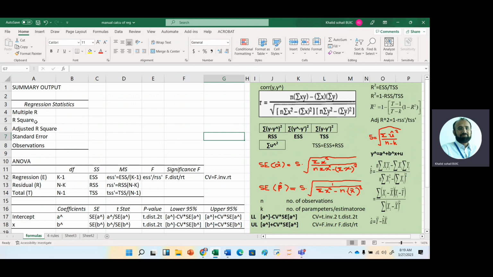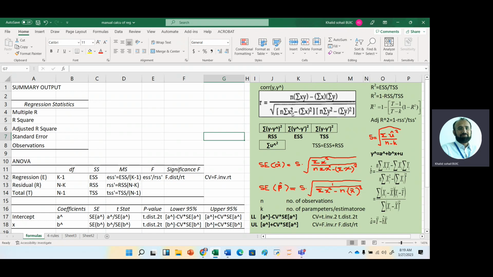The next is R square. In R square, because we have ESS and TSS, explained sum of squares and total sum of squares, R square can be calculated by 1 minus residual sum of squares over total sum of squares. So how can we get these ESS, RSS, and TSS?